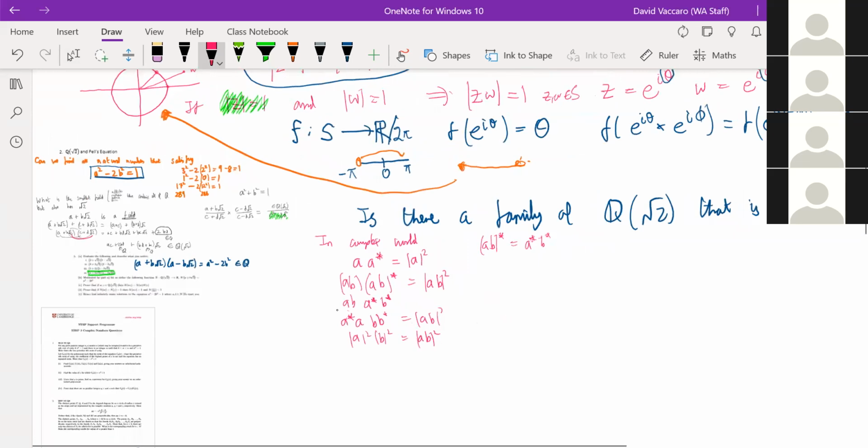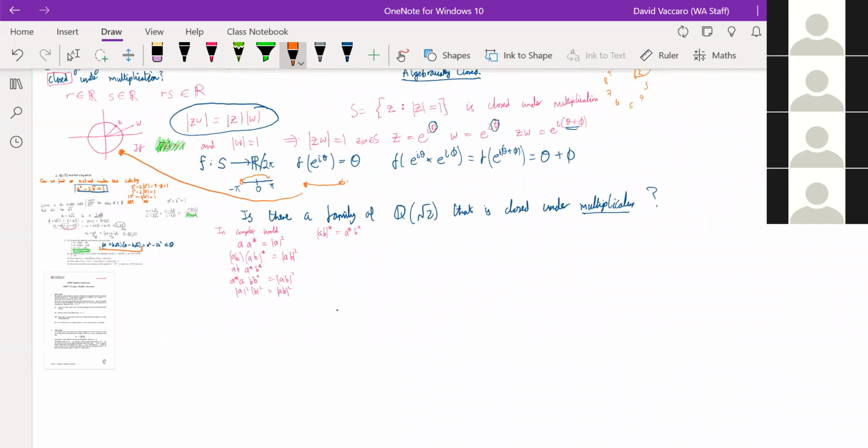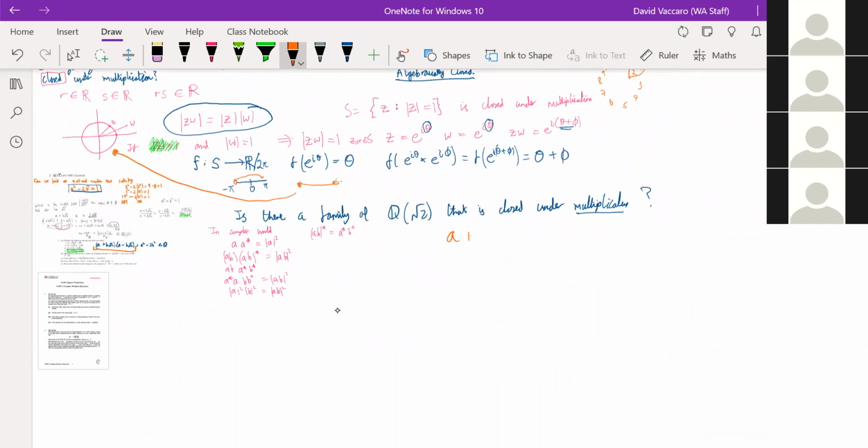But let's now work in the, if we're inspired by that, okay, if I take a plus b root 2, and I'll call that Z, and if I call Z star a minus b root 2, then Z star is a squared minus 2b squared.